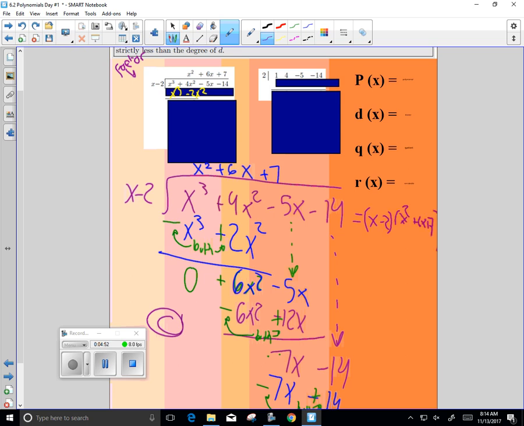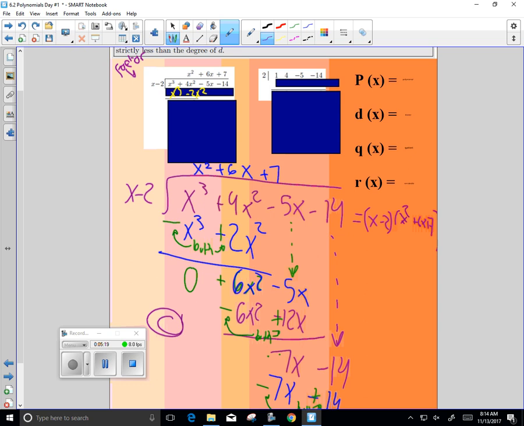How would you factor this x squared plus 6x plus 7? Sam, what do you think? What would you do with that? I mean, what technique? Anybody can help them out? We could use the quadratic formula or we could do anything. So once we get it down to squared, we're good to go.